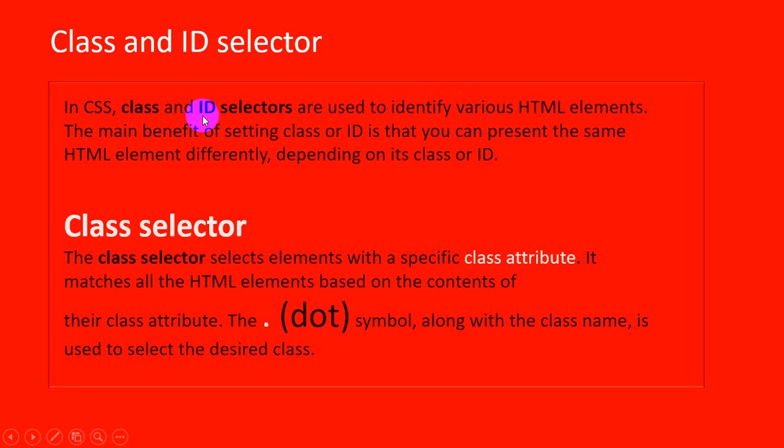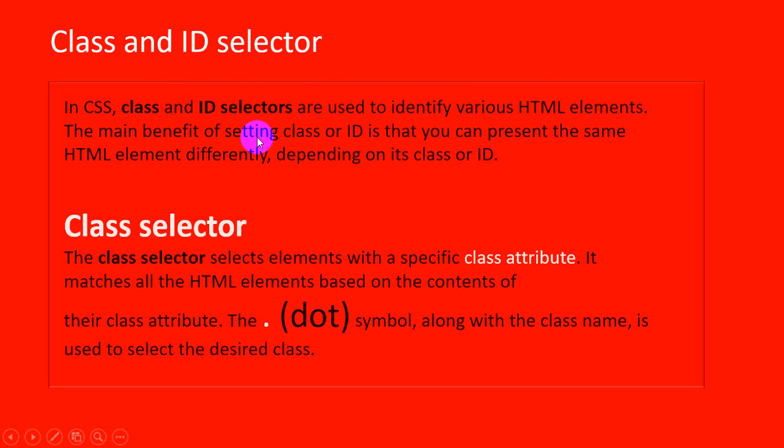There is a big difference between class and ID. We will see what the difference is when we use class and when we use ID selector or attribute. But for the time being, just try to understand ID and class are the two attributes which we can apply in any HTML element.